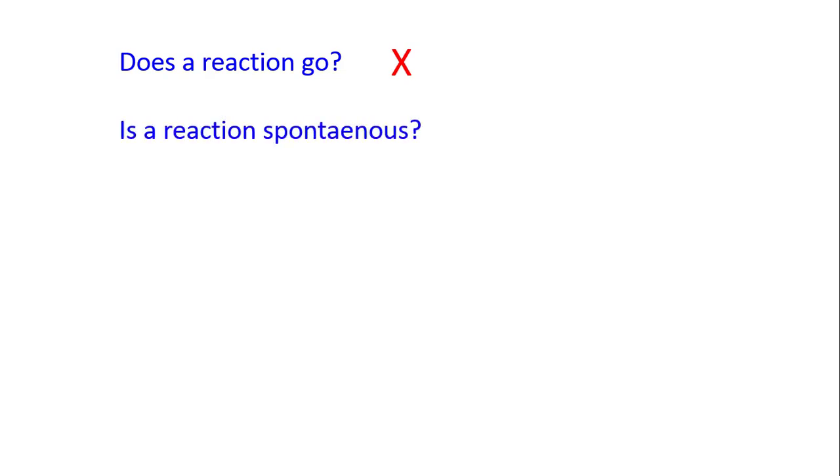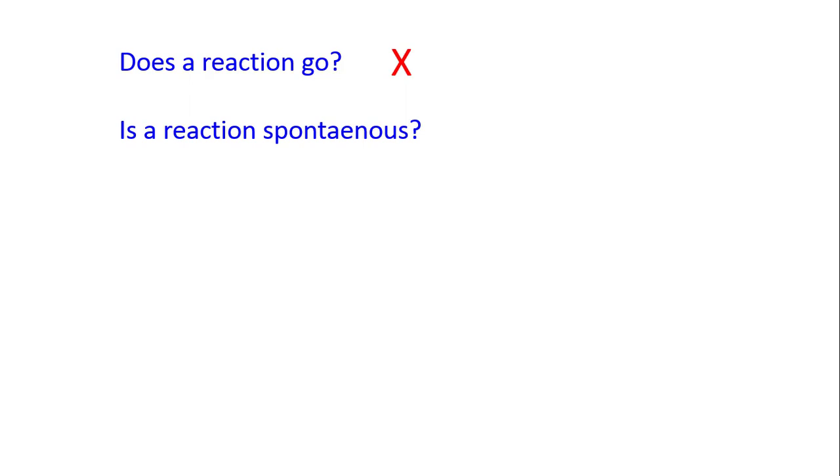To summarize, the question we started off the previous module with was, does a reaction go? Not a very scientific question, not a great question. We then asked if a process is spontaneous. But now we realize that spontaneity, as measured by plain delta G, doesn't really tell us where a reaction will end up.